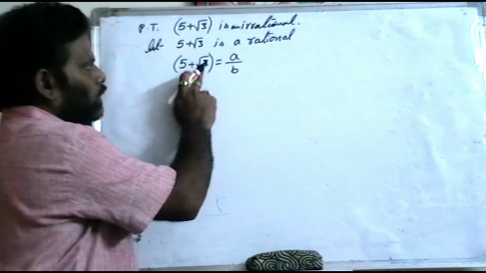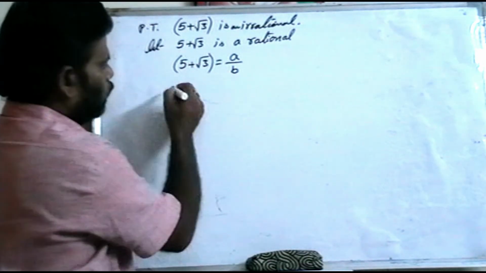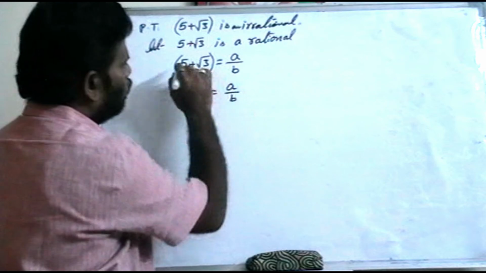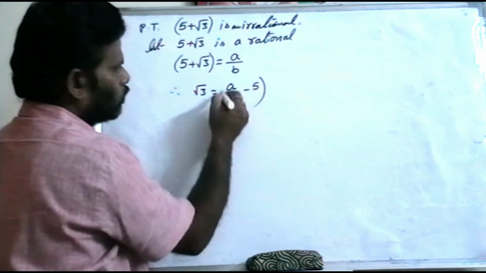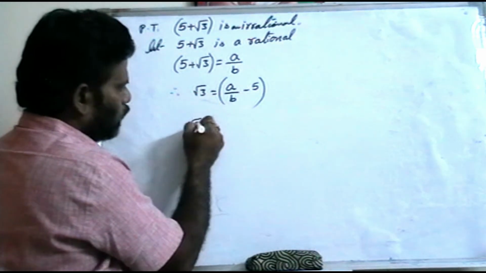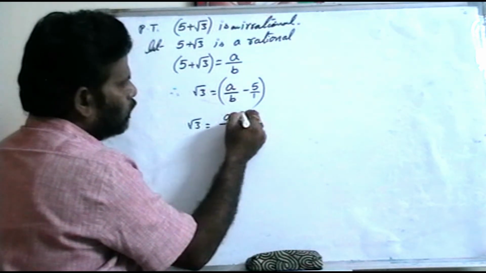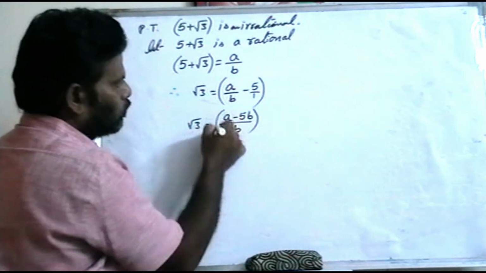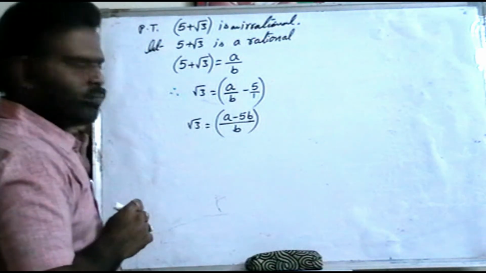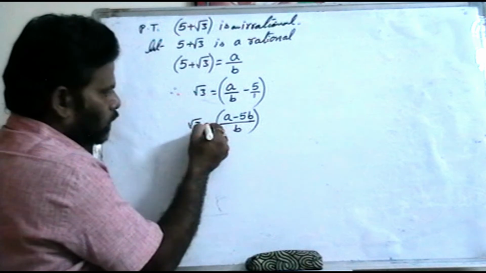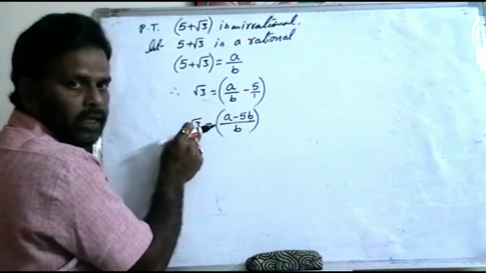So 5 plus root 3 is equal to a by b. Therefore root 3 is equal to a by b minus 5. So root 3 is equal to, taking LCM b, (a minus 5b) by b. But here again, left hand side part is root 3, an irrational.